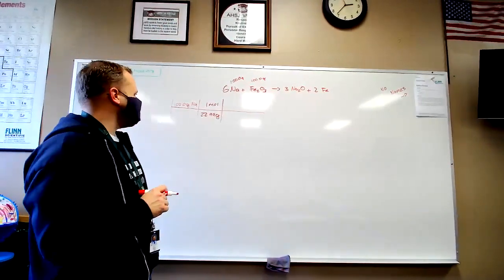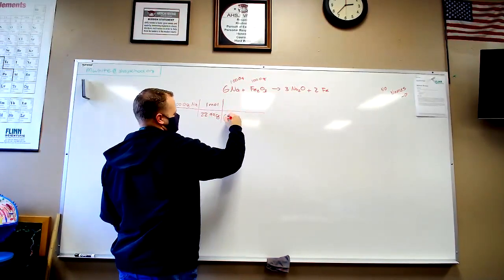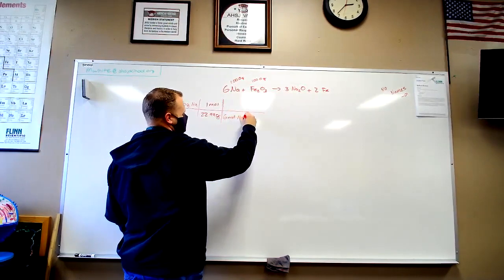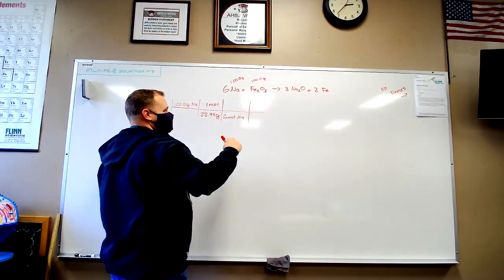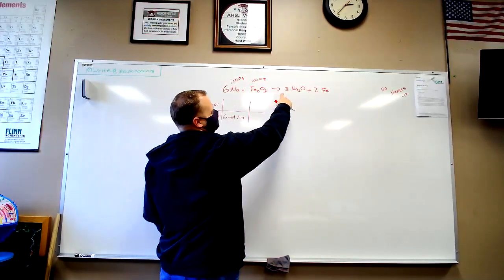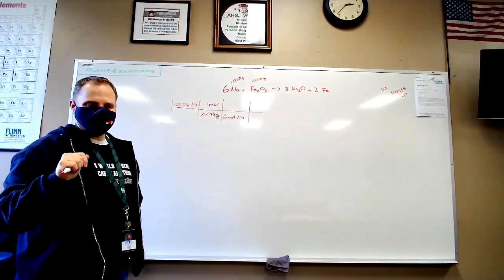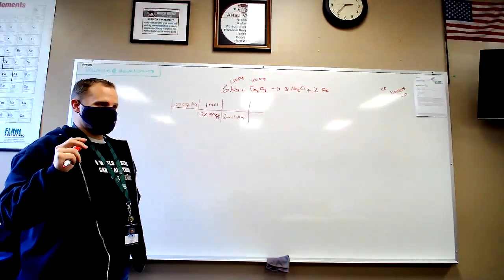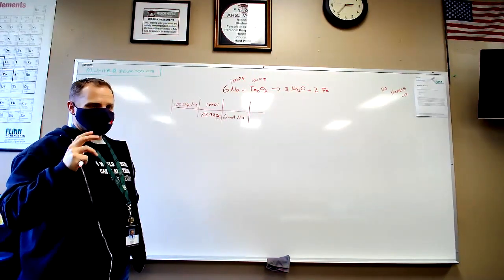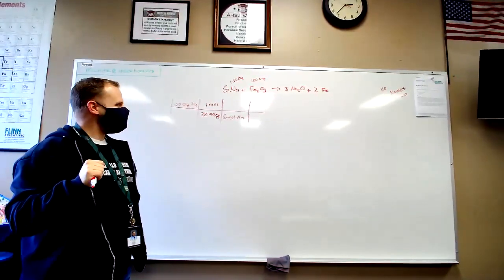So then we do our mole ratio. Sodium is what we're trying to get rid of. So 6 moles sodium. Now it's interesting because I could say 6 moles of sodium produces 3 moles of the sodium oxide, and that would get us our limiting reactant, no problem.